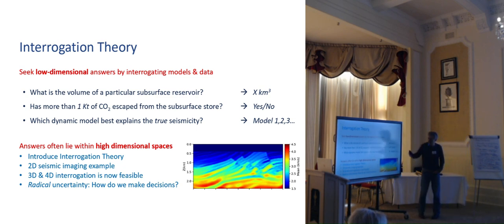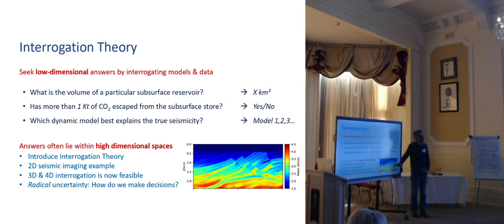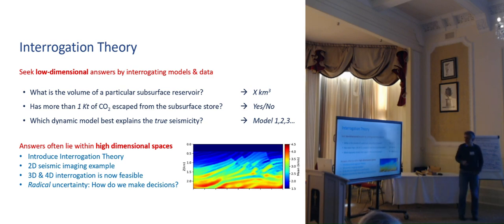And now we're at the point where we have been able to do this for a 3D example, and we're now working on 4D examples, so time-dependent examples. And finally, then, I'm going to talk about something quite different, where we move into a domain of what's called radical uncertainty, and I'll come to that later.